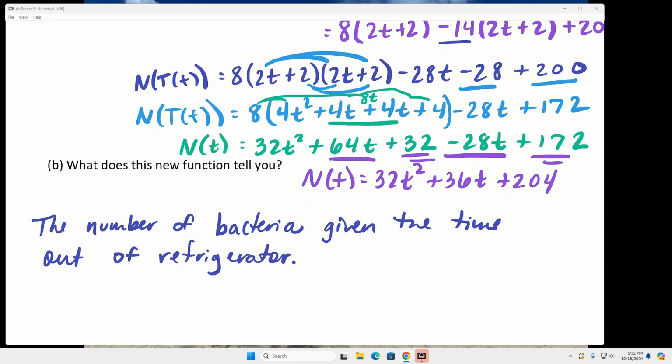Let's say you left something sitting on your counter for like 3 hours, and then you decide you want to eat it. I'm just putting 3 in for t. Oh, it's just 600 bacteria. That's not too bad. Oh, it's still gross. So keep your food, put it away.